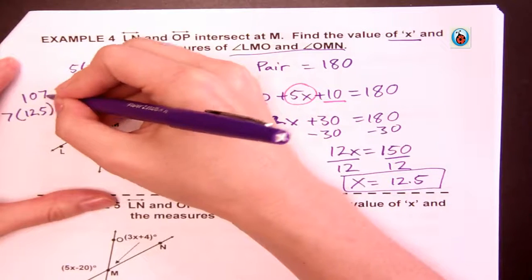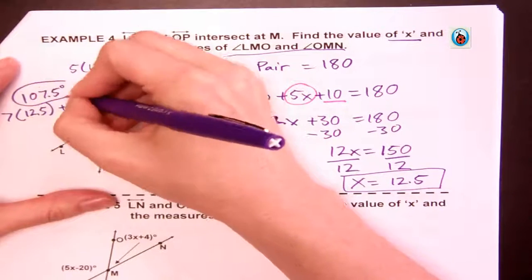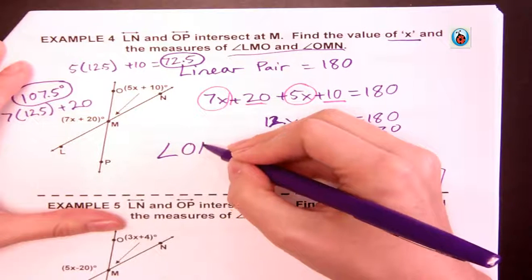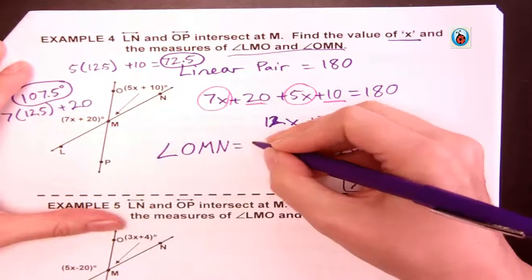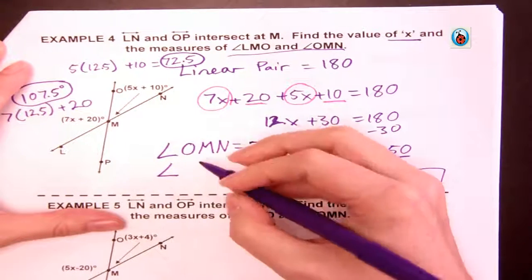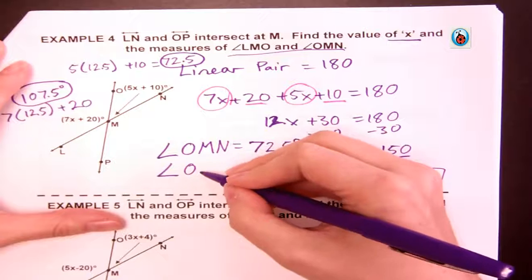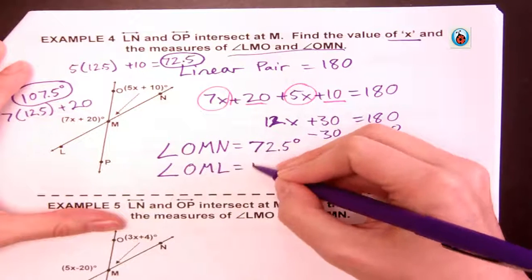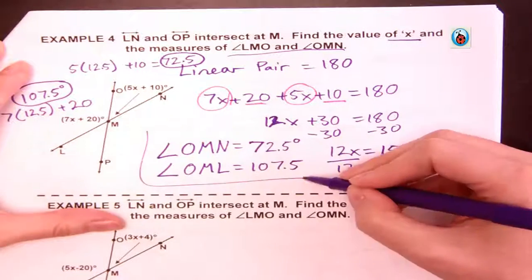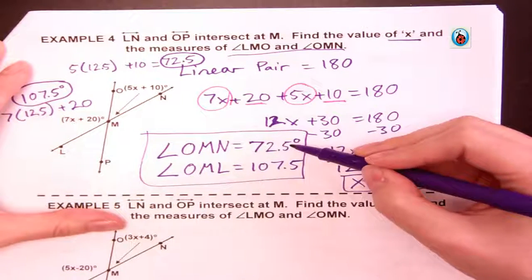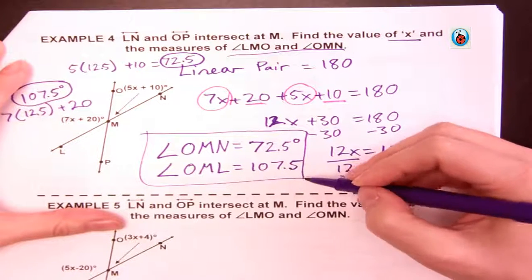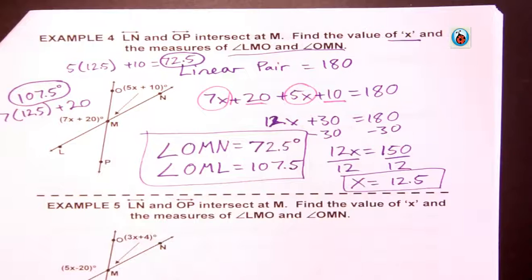It comes out to 107.5 degrees. And so my angle OMN is 72.5 degrees. My angle OML is 107.5. And then I can check, does 72.5 plus 107.5 equal 180? And the answer is yes, so I know I did my work right.